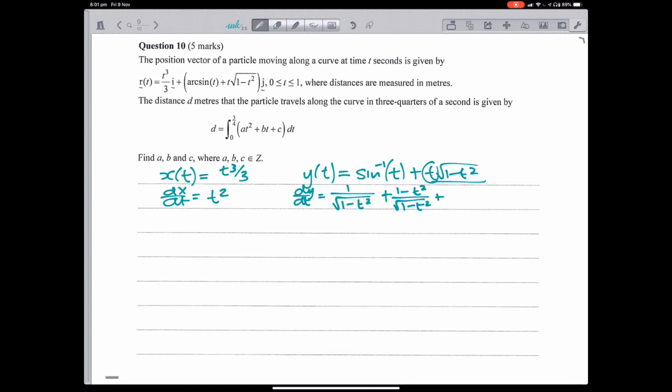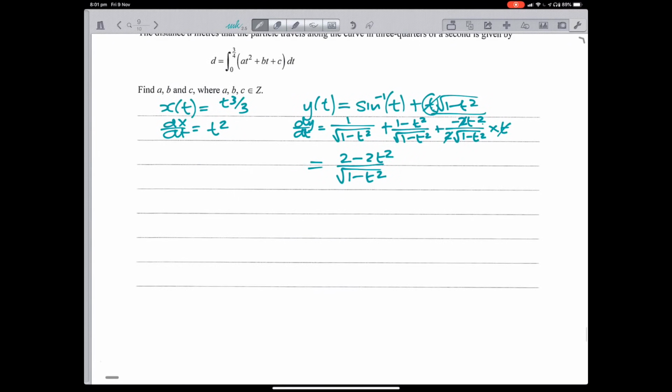Then plus, we're going to multiply that by t, product rule. That's going to be negative 2t, so it's going to be negative 2t on 2 root 1 minus t squared. So those 2's will cancel out and that'll become t squared. So we have got 1 plus 1, 2, minus t squared minus 2t squared on root 1 minus t squared.